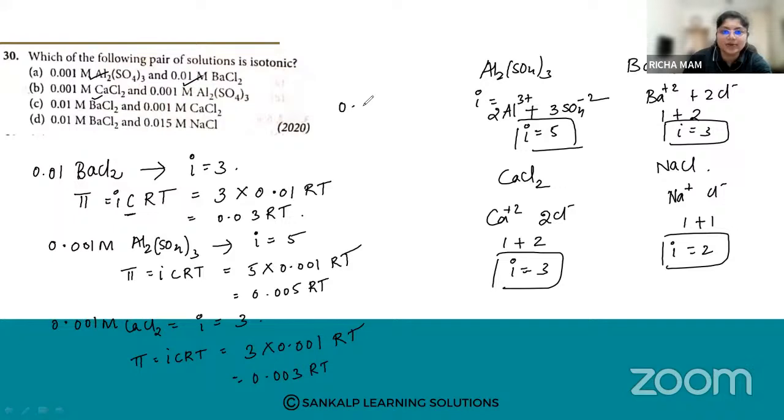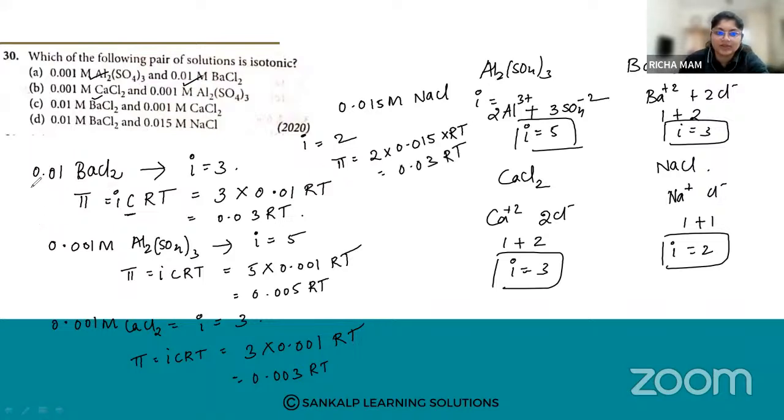Again, one is 0.015 molar NaCl. So i is equal to 2. Then pi is equal to 2 into 0.015 RT, which is 0.03 RT.